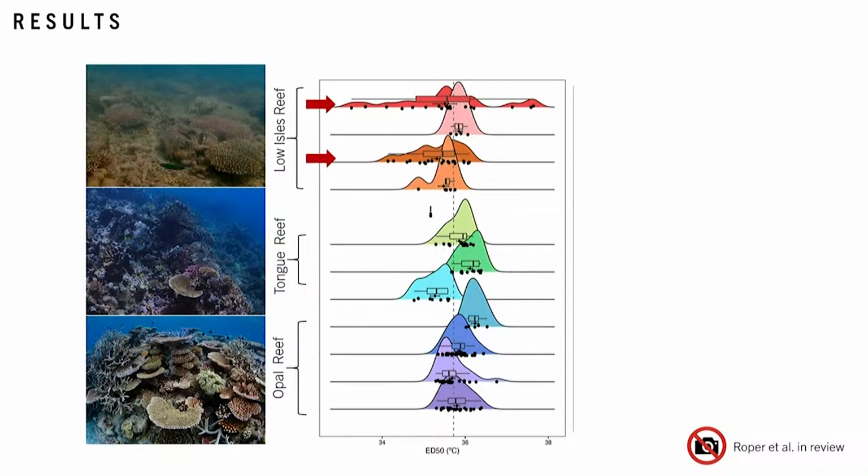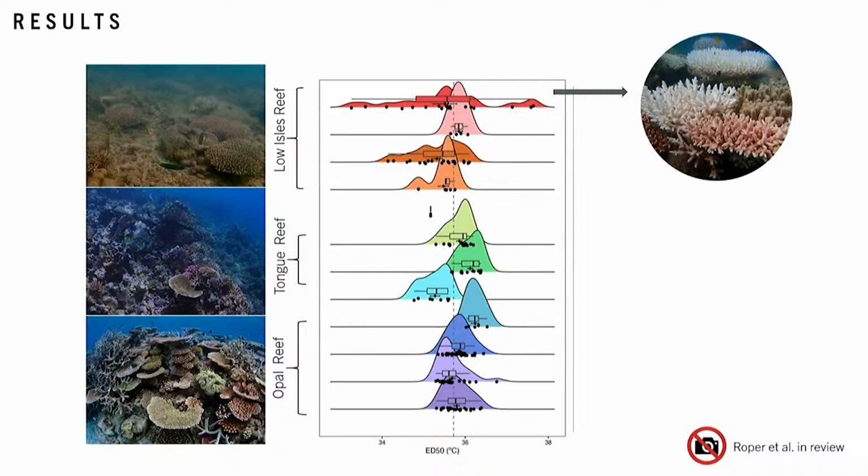Now, in contrast, we found that Lowell's Reef had a significantly lower ED50, particularly the corals growing on Lowell's Reef flat, which is that top group there that you can see, as they were actually already showing signs of visual stress when we collected these colonies. In addition to having the lowest ED50, the Low-Isles Reef flat corals also had the greatest variability in performance of about 4 degrees Celsius in ED50 between the poorest and the strongest performer.